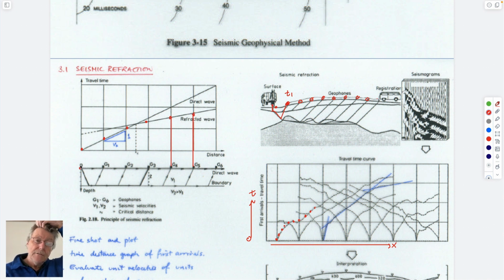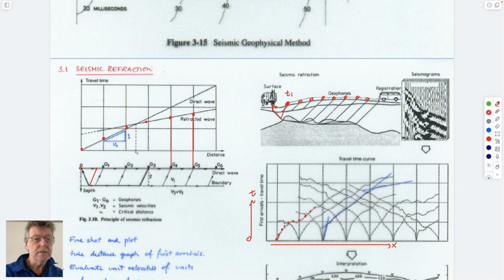But from this first geophone, it picks up the reflected wave. It goes down to the interface, bounces back. I guess the first reflected wave would be here, but you don't have a geophone here. So it's measuring the reflected wave. This is also measuring the reflected wave, which is, actually no, it's not the reflected wave.